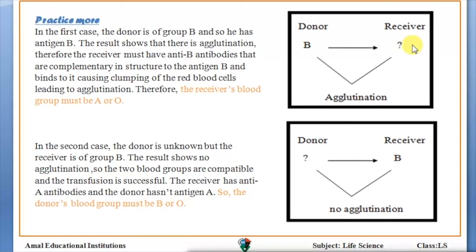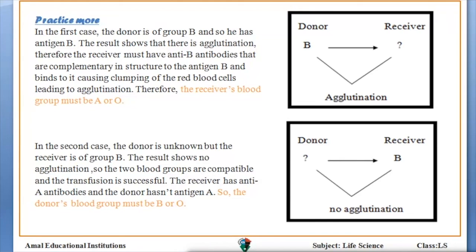So, what blood group or blood groups has anti-B antibodies? The blood groups are group A and group O. So the receiver's blood group could be A or O.